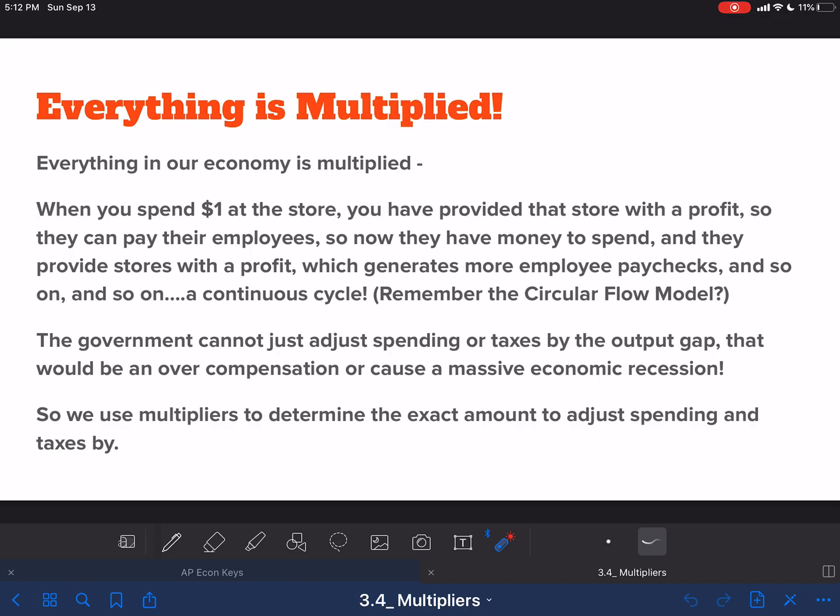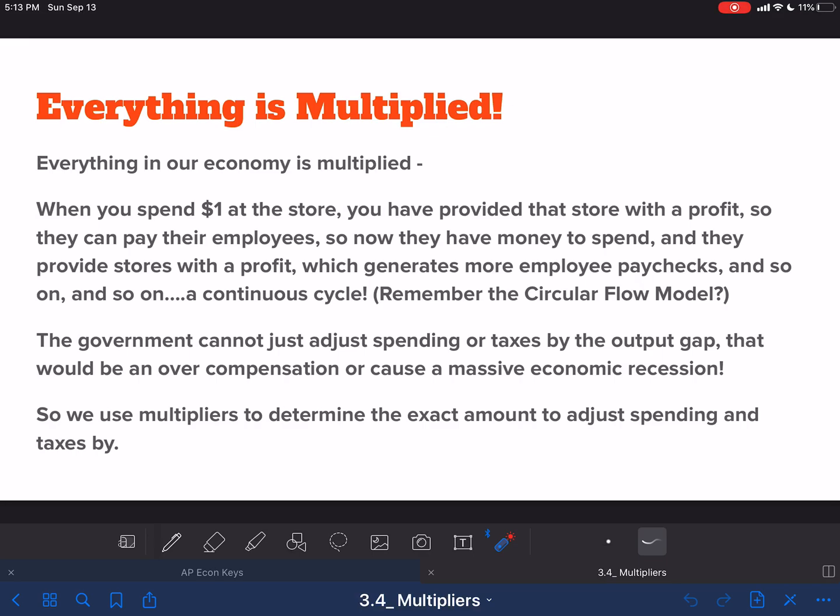You have provided that store with a profit, so now they can pay their employees who now have money to spend, and they can provide profit to other stores, which then generates more employee paychecks. And this is just a continuous cycle. So if you remember the circular flow model, everything just goes round and round. It's continuous. Same thing with this multiplying effect.